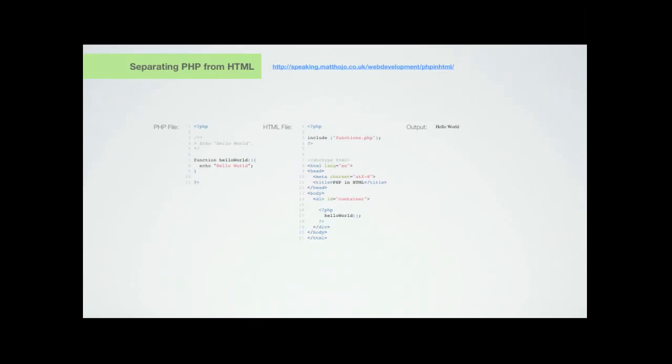Next, we've got separating the PHP from the HTML. Someone emailed me about this. The example and the URL are at the top. Here I've got a PHP file on the left-hand side called functions.php. In this file, I literally just start opening my PHP, and then I've got function hello world and an echo hello world.